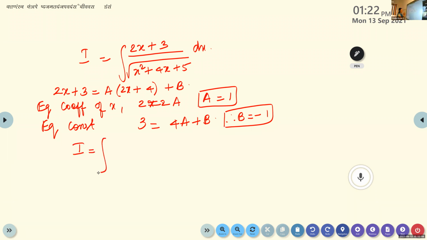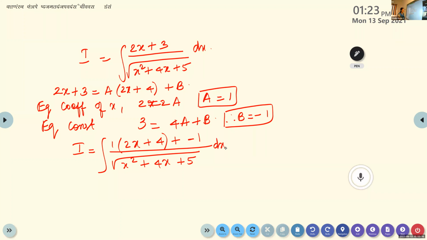When we substitute here, it becomes integral of the numerator, in place of a you can put 1: 1 into 2x plus 4 plus b, which is -1, by root of x square plus 4x plus 5 into dx.